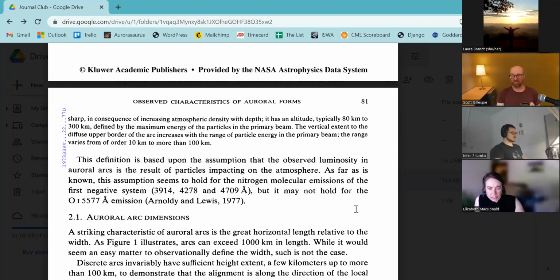These are probably the red lines that he's referring to. And then he's saying that relationship might not be as proportional for the main green line. And so I'm not sure exactly why he's saying it, because I think we today normally do utilize the luminosity of that line as indicative of something about the particle energy coming in.